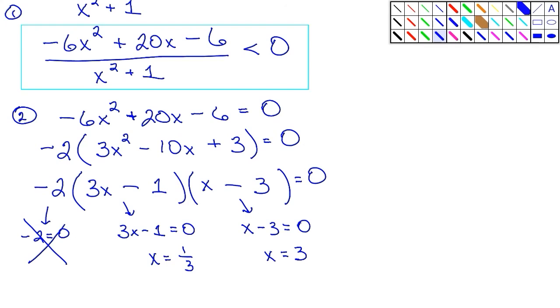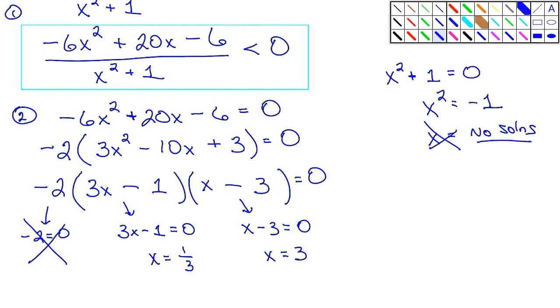Next, we need the partition points that come from setting the denominator equal to 0. So x squared plus 1 is equal to 0. So we have x squared is equal to negative 1. And, well, x would be i, but we're not using imaginaries. So we'll just say that there are no solutions.